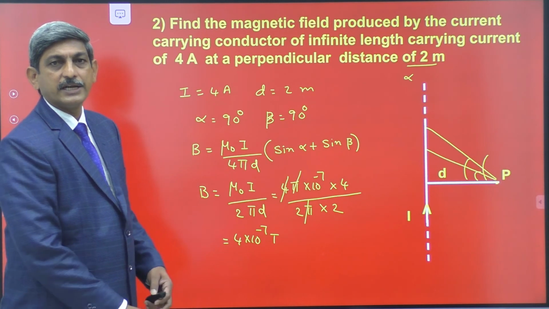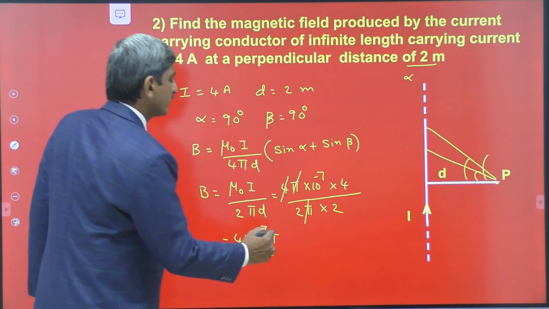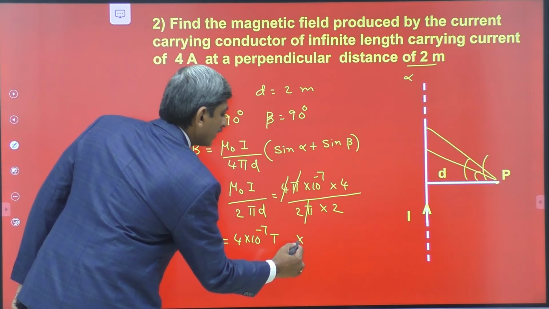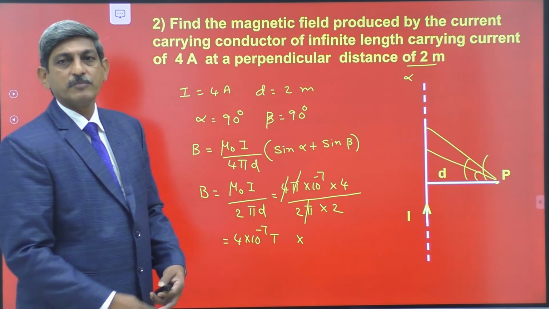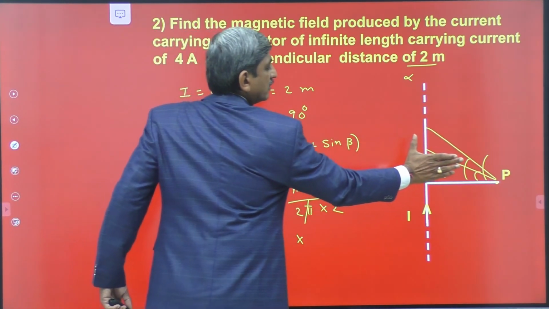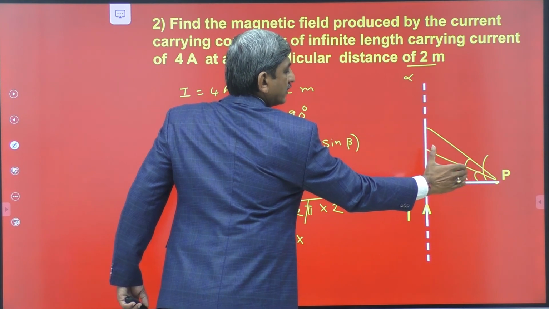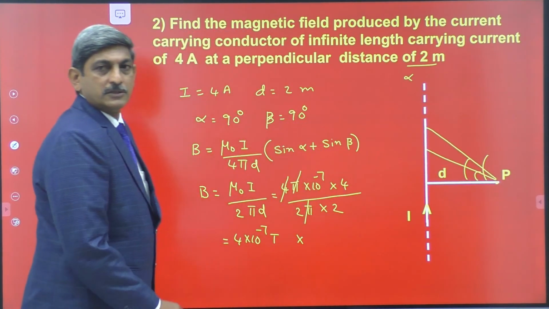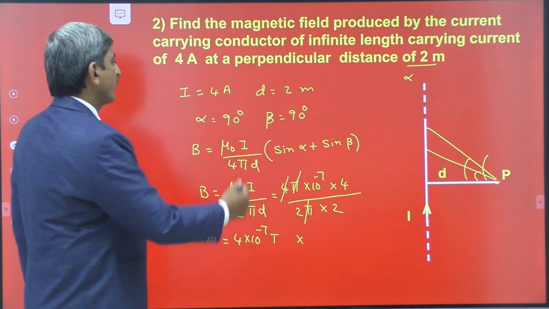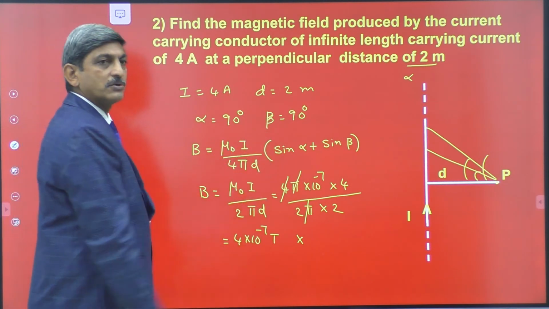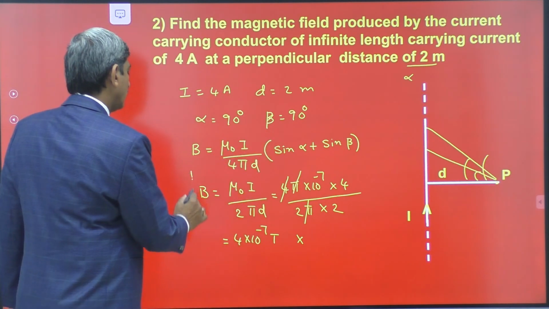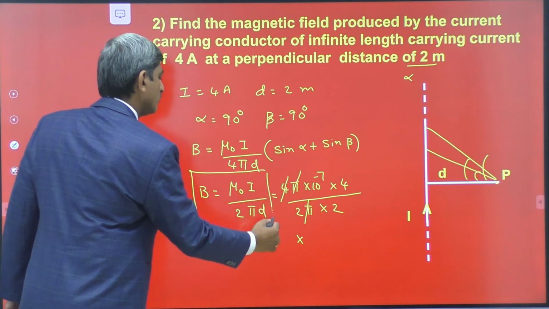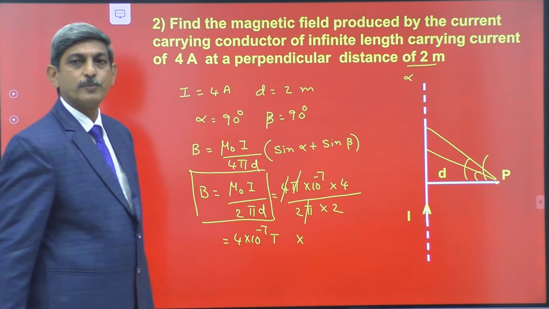Using the right hand rule, here also the direction of the magnetic field is perpendicular to the plane of the board and entering into the board. Okay, so for the infinite wire, alpha is equal to 90 degrees, beta is equal to 90 degrees, so the formula is simplified as B is equal to mu naught I divided by 2 pi D.